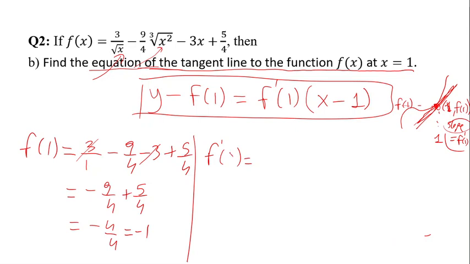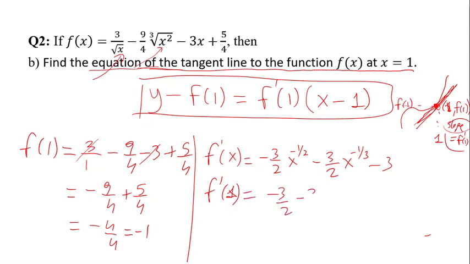It was negative 3 over 2 x to negative 1 over 2, and then negative 3 over 2 x to minus 1 over 3, and then it was minus 3. So what is f prime 1 then? It will be negative 3 over 2, negative 3 over 2, and negative 3, which is negative 6.